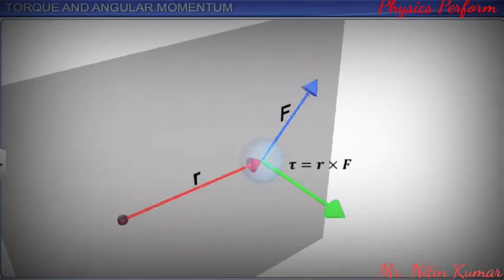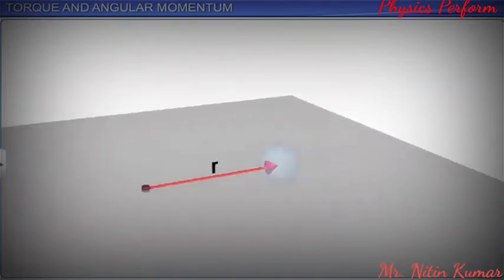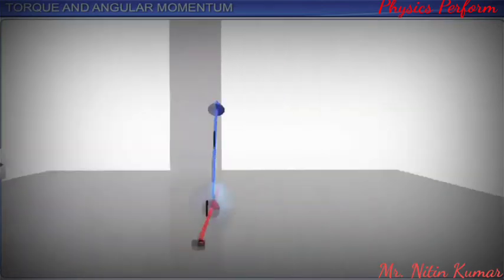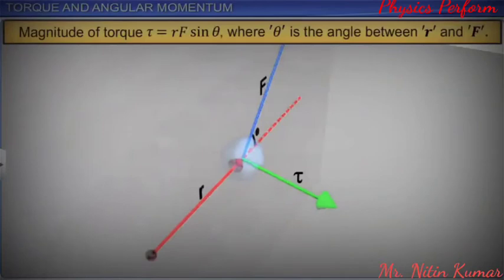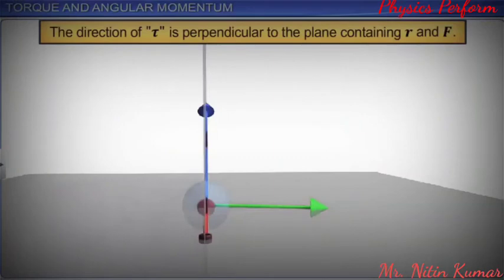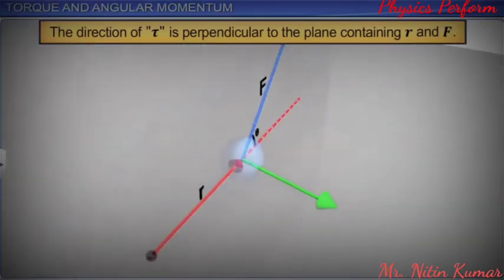Now let us try to understand what torque is. Torque is a vector and its magnitude is expressed as tau equal to RF sine theta, where theta is the angle between R and F. The direction of tau is perpendicular to the plane containing R and F and can be found using the right-hand rule.